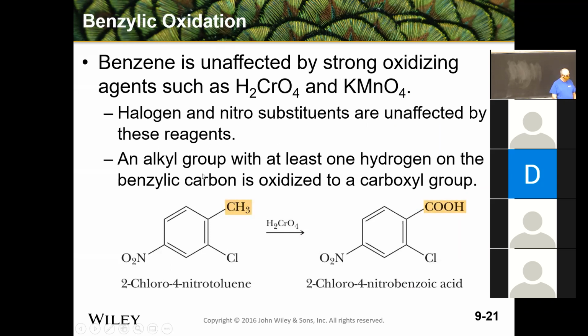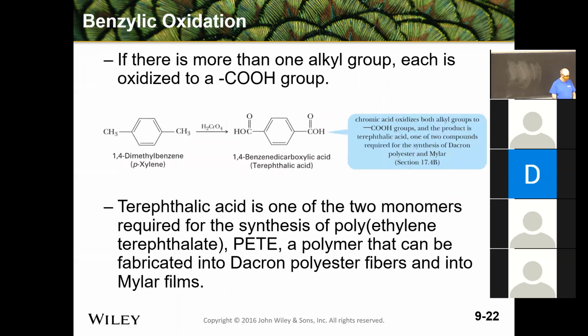An alkyl group with at least 1 hydrogen on the benzylic carbon, the one next to the benzene ring, is oxidized to a carboxylic acid group. If there's more than 1 alkyl group, each one is oxidized to a carboxylic acid.